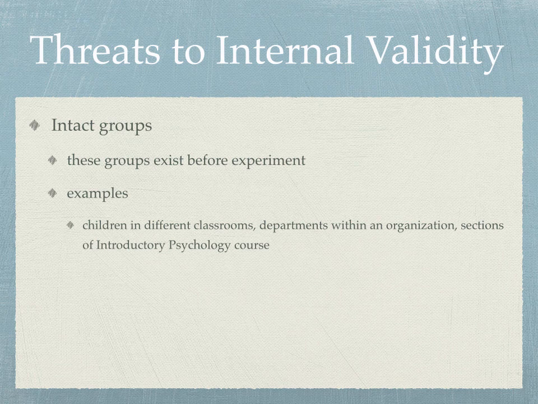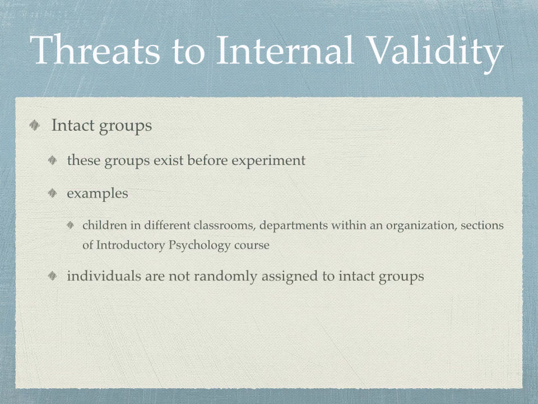Again, these are intact groups. We can't compare those because there's differences between those groups inherently. And those differences can be then measured maybe in our dependent variable. And so we don't know that it's our independent variable that's caused those differences. Sections of various courses, any of those things are examples of intact groups.